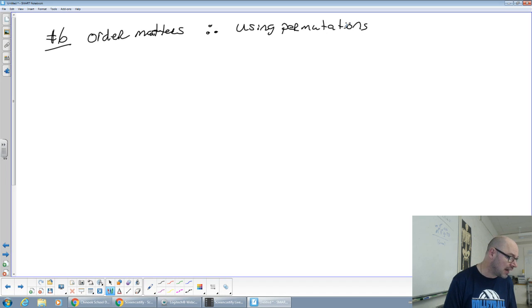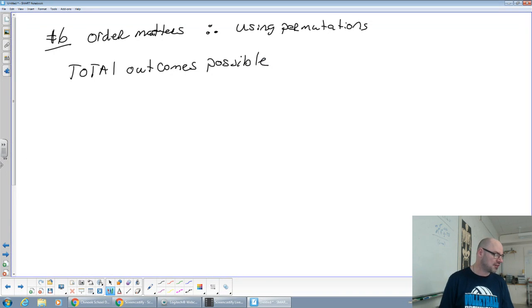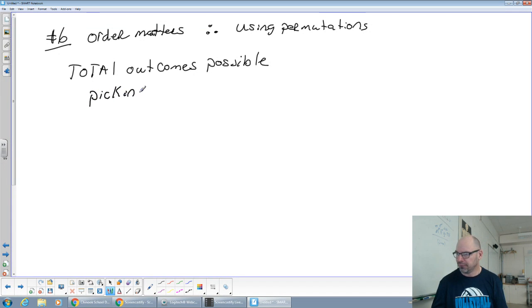So they're asking for finding the probability. So when we're finding probability, we have to have total outcomes and favorable outcomes. So the total outcomes possible have to be figured out first. So the total outcomes possible, you ask yourself, how many ways can I pick 3 people from 14? So that means picking 3 people from 14 with specific jobs.